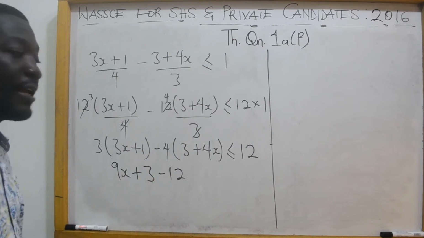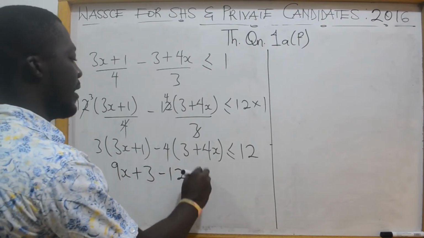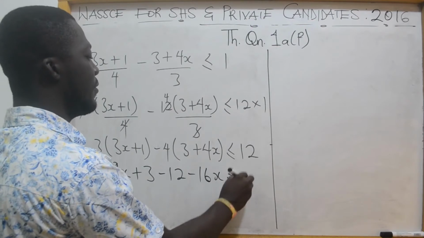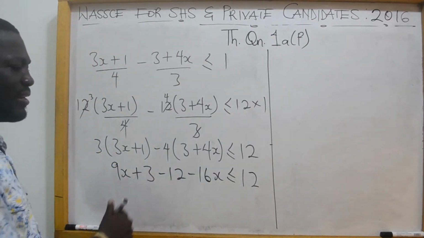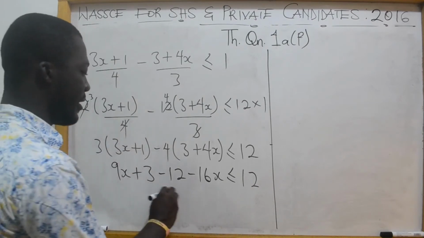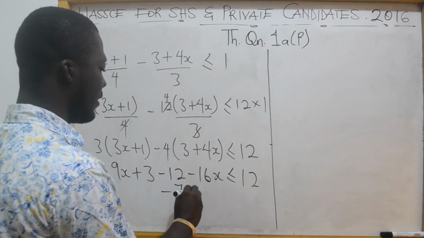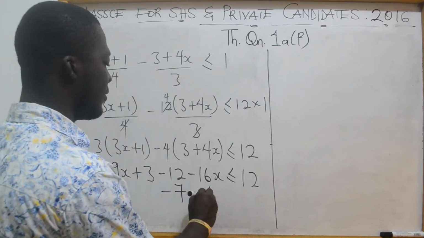Negative 4 times 4x minus 16x is less or equal to 12. Then 9x minus 16x is negative 7x is less or equal to.